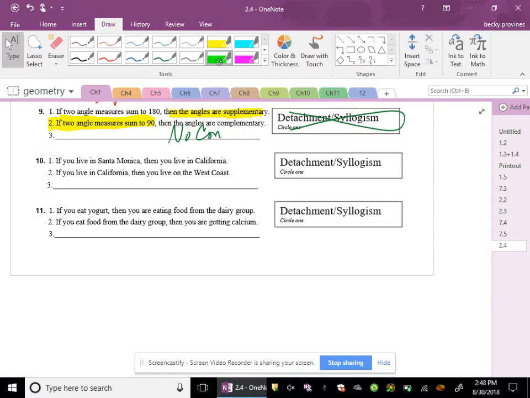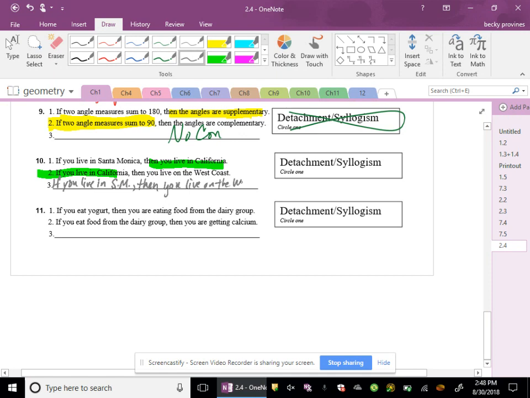On number 10, are they talking about the same thing? And they definitely are. So I'm going to have to write this out. If you live, and I'm going to abbreviate, I'm going to be lazy, SM for Santa Monica, then you live on the West Coast.